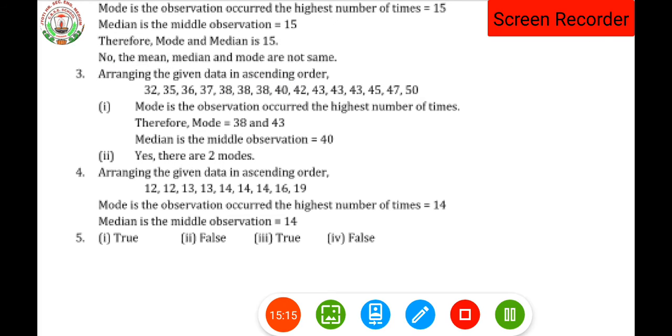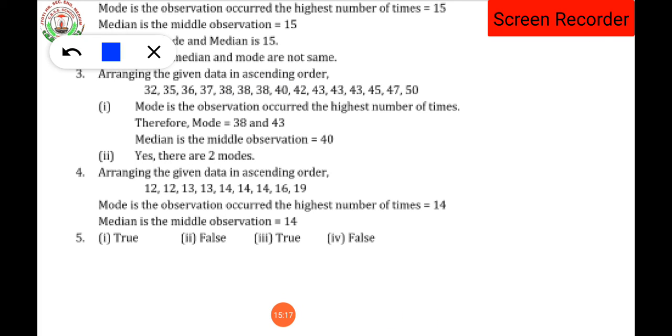So 1 2, 4 numbers, then again 2 numbers. So here we can see that 40 is the center number. So the median, the middle observation according to the first method, 40 is the answer.